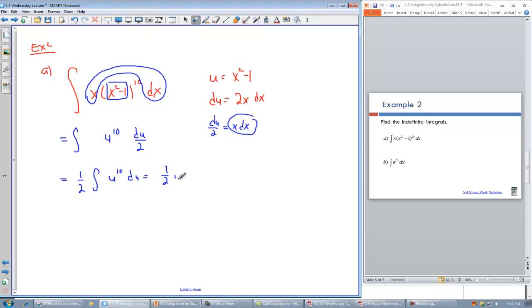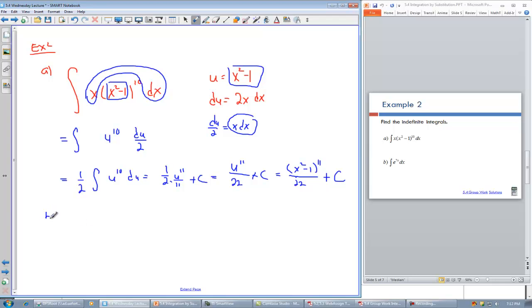So 1/2 u to the 11 over 11 plus c, which is u to the 11th divided by 2 times 11, which is 22, plus c. Plug back in, so I have (x squared minus 1) to the 11th, that was my u, all divided by 22 plus c. And that's my answer.